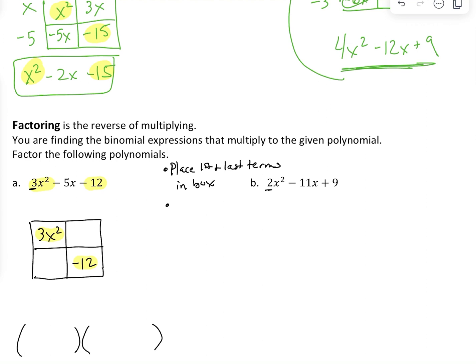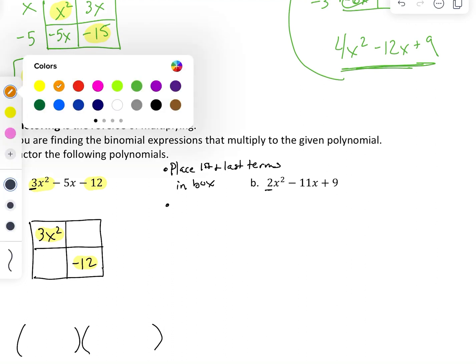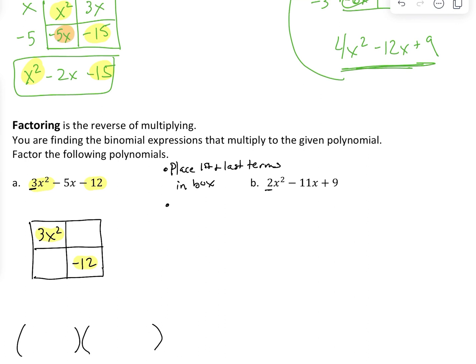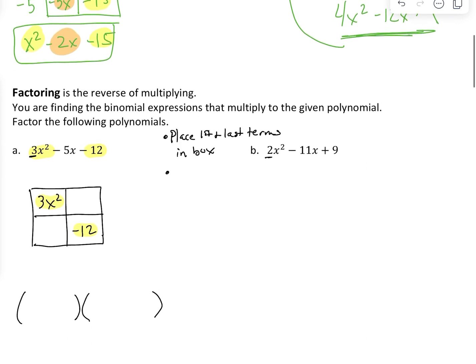Then if I look at how I get that negative 2x up here, that really came from when we added this one and this one, we got the negative 2x. So I know that the negative 5x really comes from adding those two.